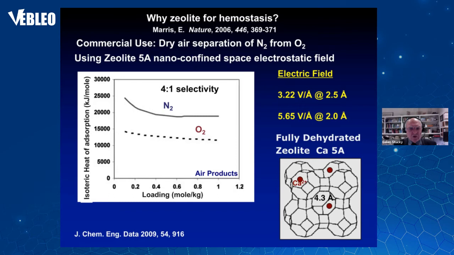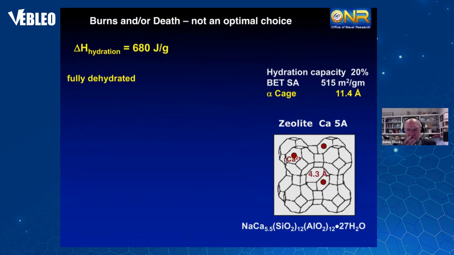And the engineer was doing this, and this is described in that Nature article, and he cut himself when he was shaving one day. He had a package of this totally dehydrated zeolite, and he put it on the bleeding site, and it stopped the bleeding. And he went ahead and patented it. The only problem is that the heat of hydration is 680 joules per gram when it's fully dehydrated.